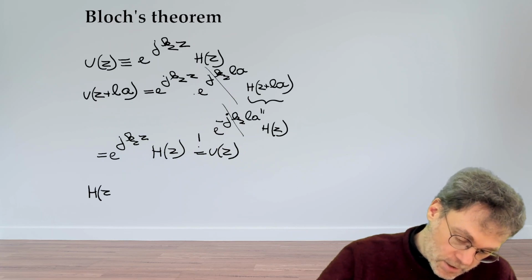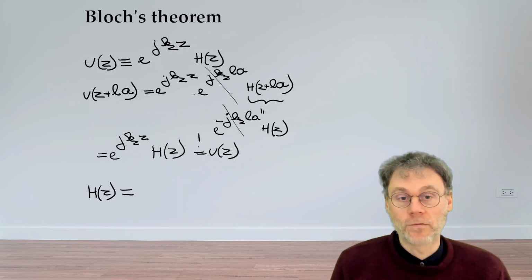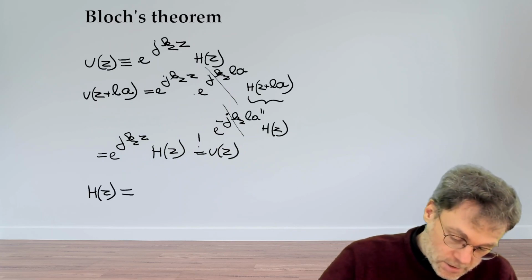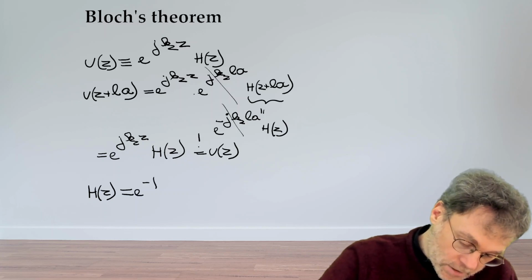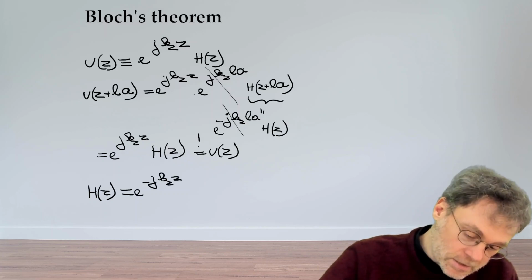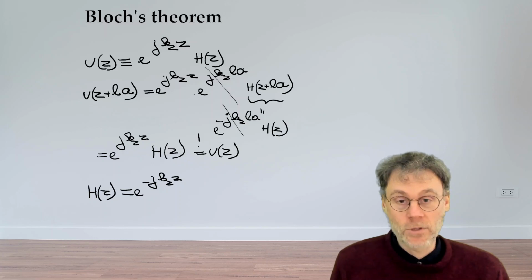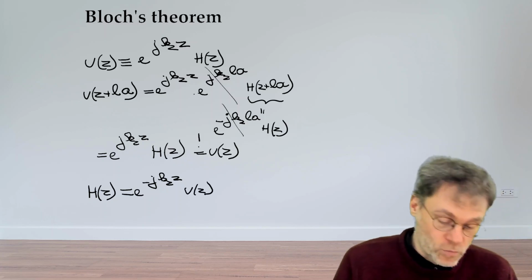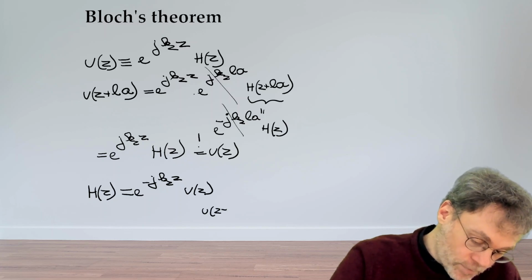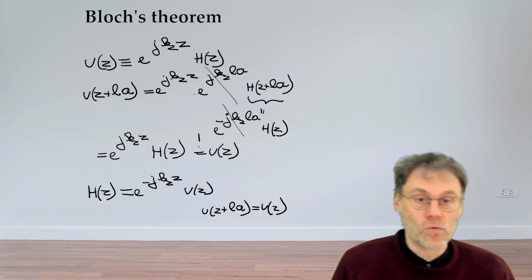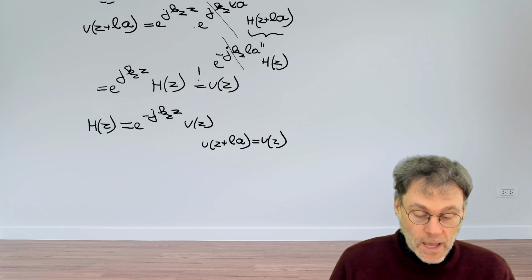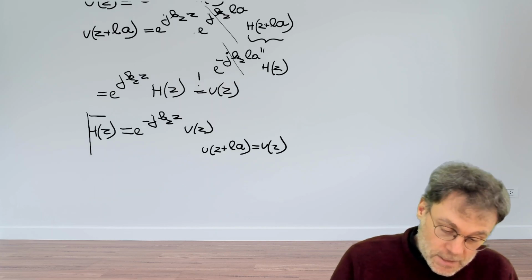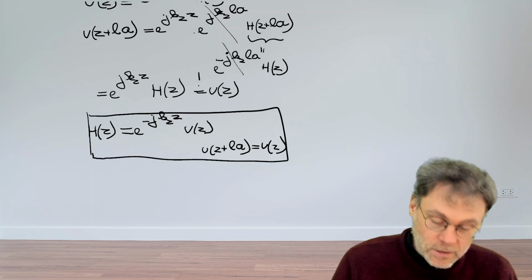Now we can write that if we have a Bloch mode h of z, you can write this as exponential minus j kz z times a function u of z, a function u of z which is periodic with the same periods of the lattice. So u of z plus LA is u of z. And this actually is the second form of Bloch's theorem.